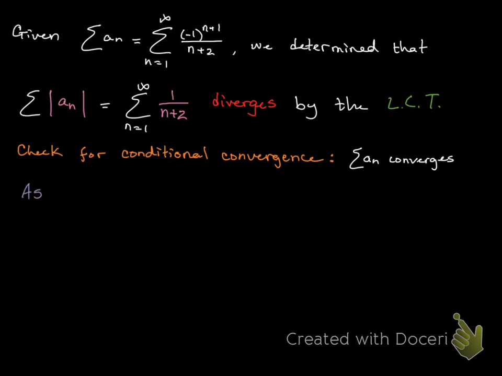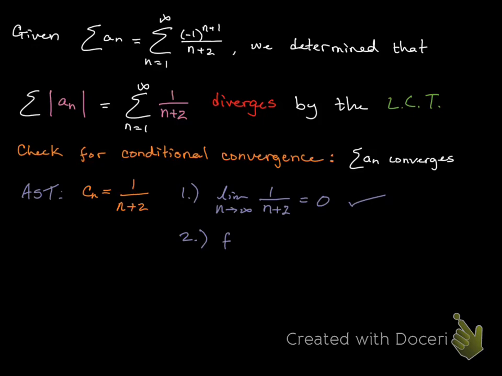I use the alternating series test here because my original series is alternating. My C sub n is 1 over n plus 2. So I have to go through my two conditions. One, I have to take the limit of C sub n, the limit of 1 over n plus 2, and of course that's an easy one. That limit is 0.